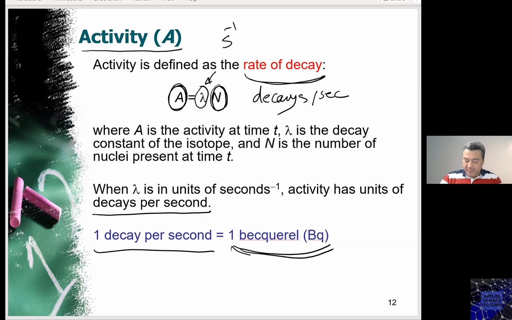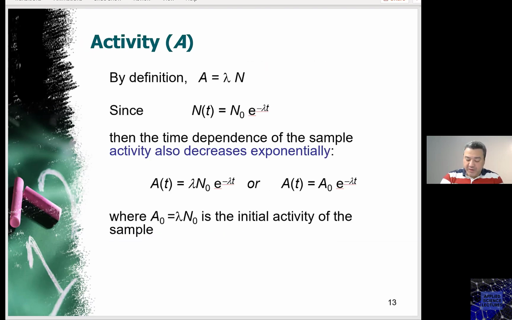Now, 1 decay per second, we equate it to a unit called becquerel. This becquerel, Bq, equals 1 decay per second. However, we have to take the lambda here as per second in order to get the activity in decays per second. So if this is the number of the nuclei as a function of time that is remaining after the decay, then multiplying this with lambda that has a unit of per second is going to give me this function.